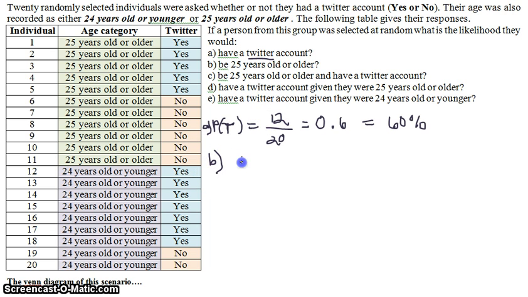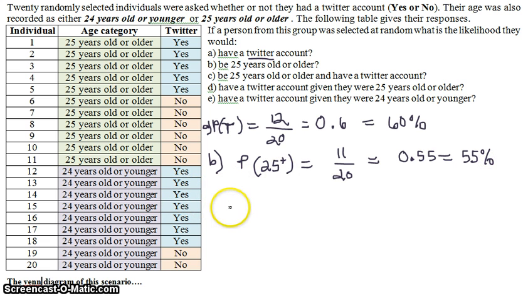So the probability of 25 plus, so 25 or older, is simply equal to 1, 2, 3, 4, 5, keep counting these up, and I get 11 out of the 20 people that were selected are 25 or older. Okay, this turns out to be 0.55, or in other words, 55%. So this is really kind of the very root of probability, essentially looking at the number of events that apply over the total number of events.